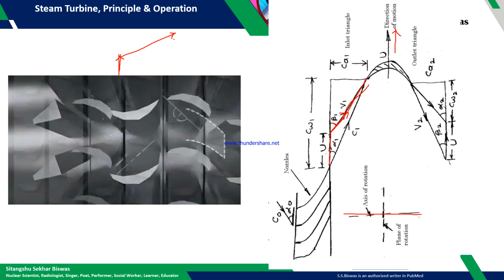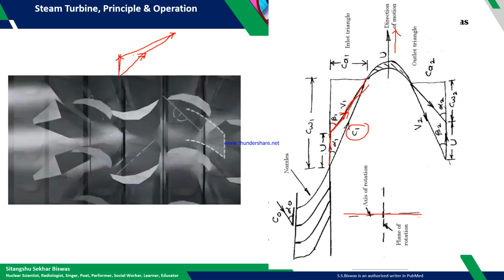So we have to complete this triangle. The opposite side represents the resultant of these two vectors. So same here in this triangle, this C1 is the resultant.